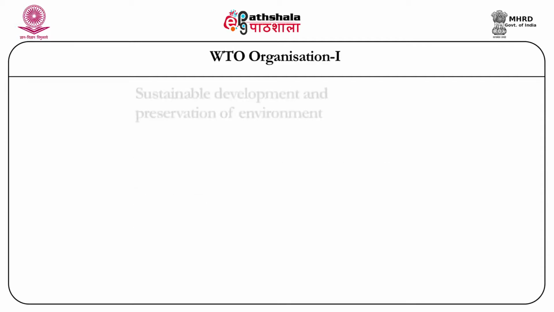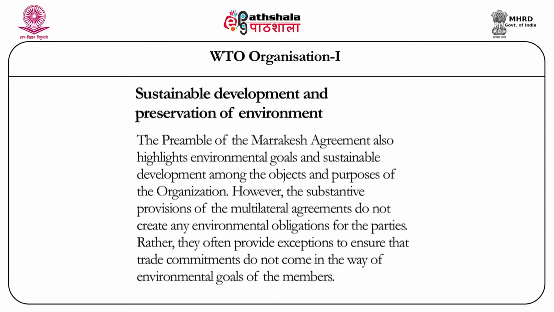Now we will understand sustainable development and preservation of the environment. The preamble of the Marrakesh Agreement also highlights environmental goals and sustainable development among the objects and purposes of the organization. However, the substantive provisions of the multilateral agreements do not create any environmental obligations for the parties.